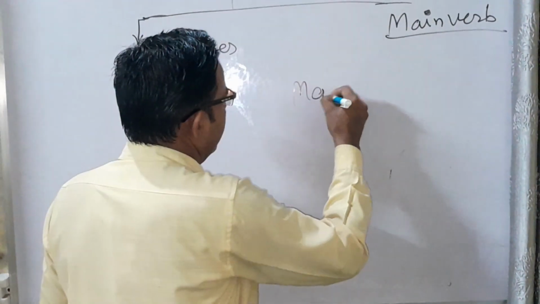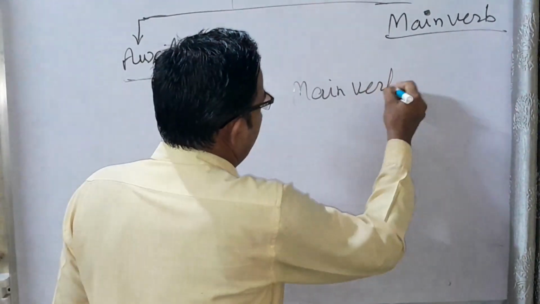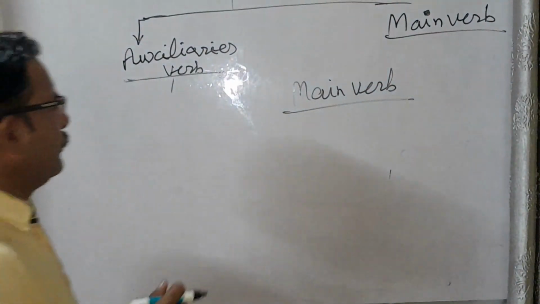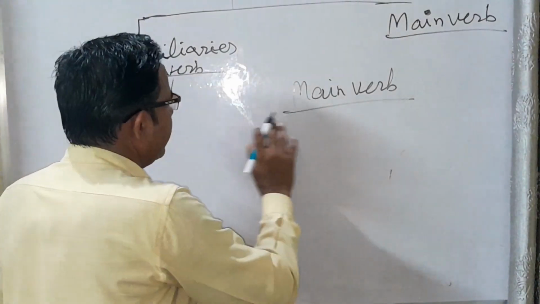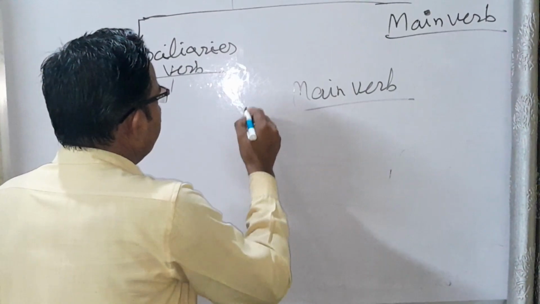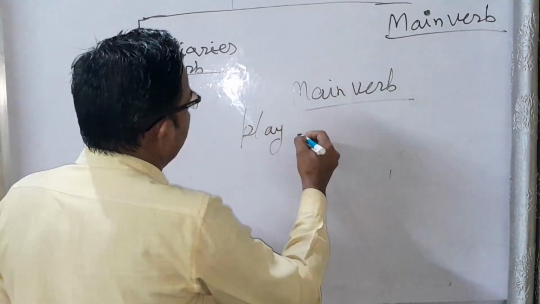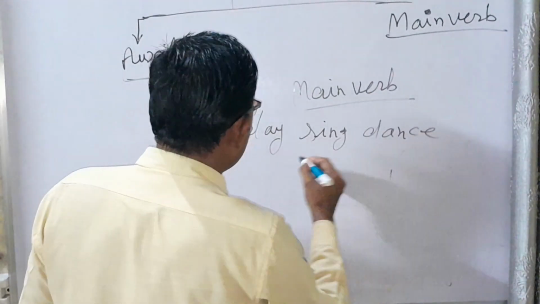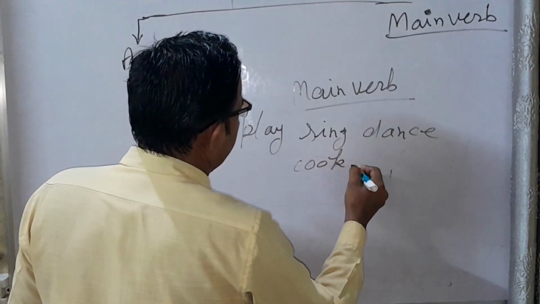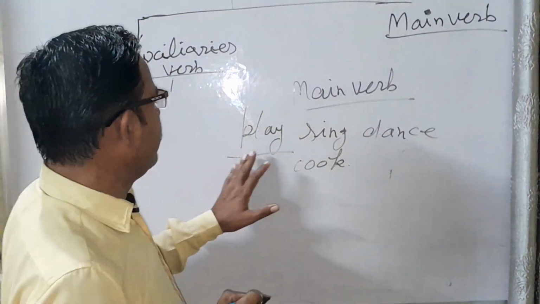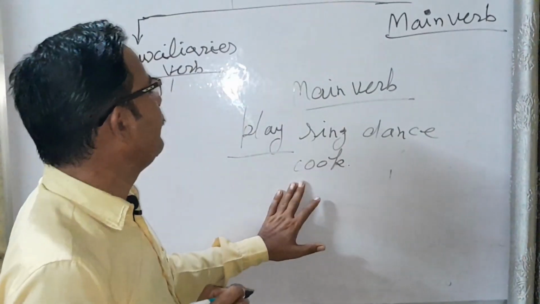Main verbs are those that do the action, just like play, sing, dance, cook, and so on. They have various forms. This is the base form.